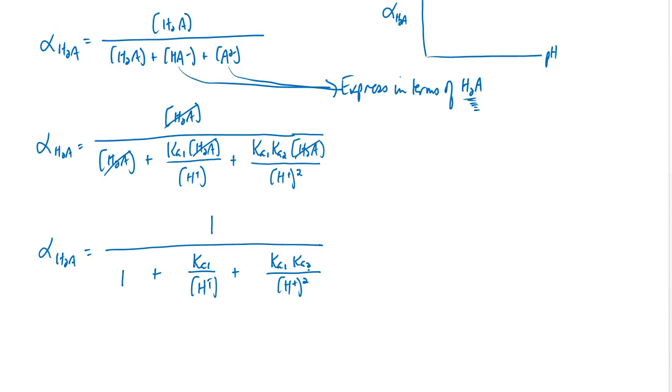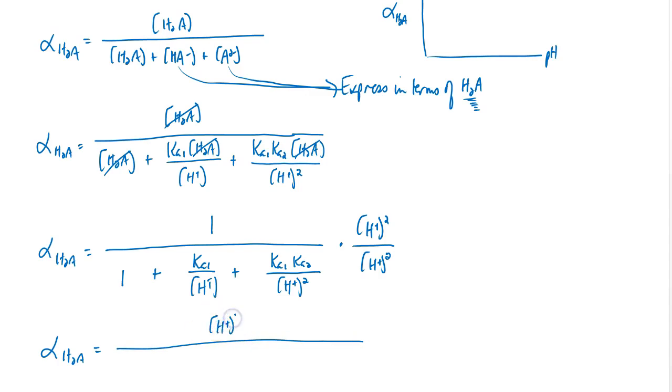And maybe we should try to simplify this complex fraction. We could multiply by 1 in the form of H plus squared over H plus squared, and I think that ought to do it. The fraction of H2A would be H plus squared upstairs, and then downstairs, again, I'm multiplying all three terms by H plus squared.